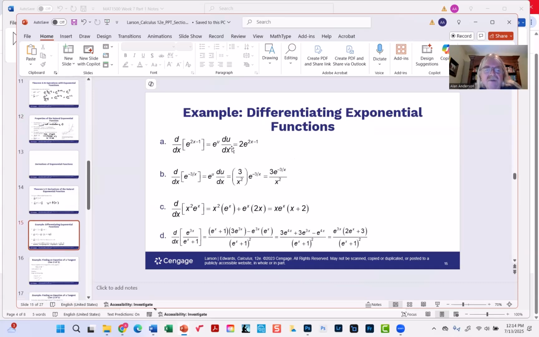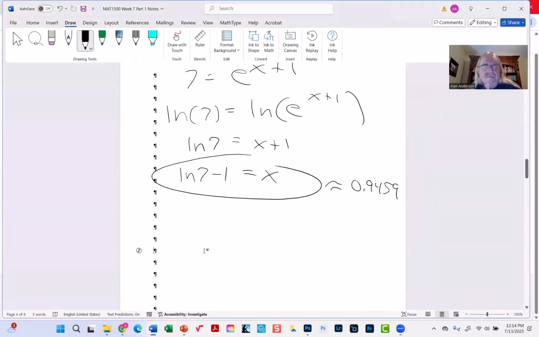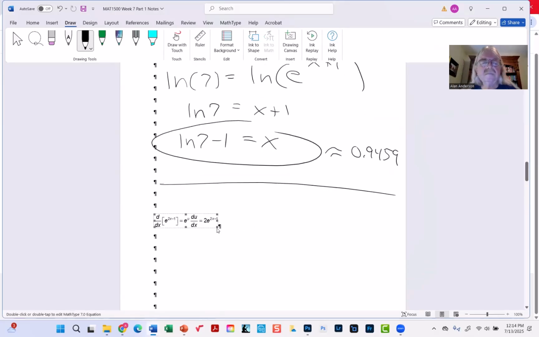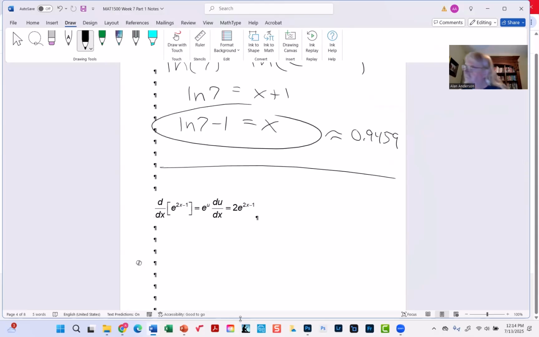So let's look at some quick examples here. Of course, u would be the 2x minus 1. Du dx is 2.